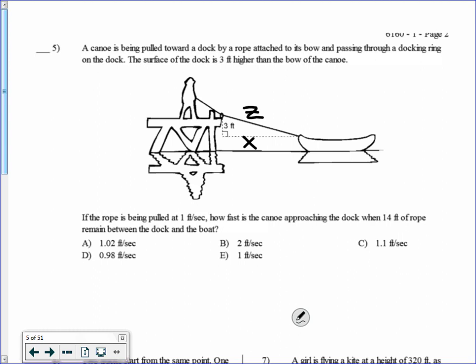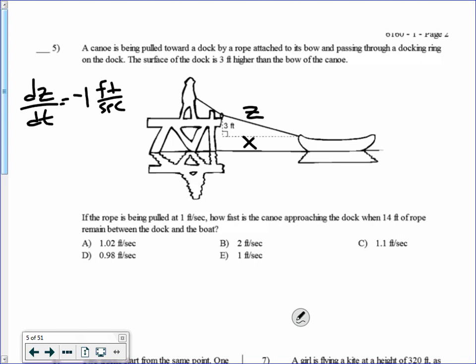Okay, so let's see. What derivative did they give us? The rope is being pulled at 1 foot per second. Yes, they gave you dz/dt. Now, would you say that the dz/dt that they gave us, the rate at which z is changing, should be positive or negative 1? Negative. Negative 1. That's good. How fast is the canoe approaching the dock?